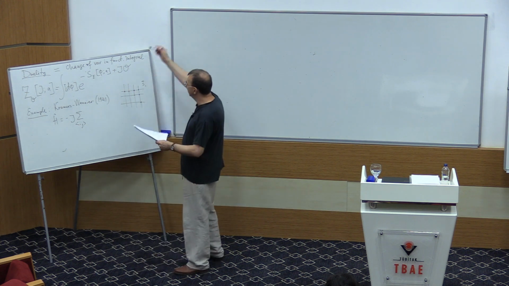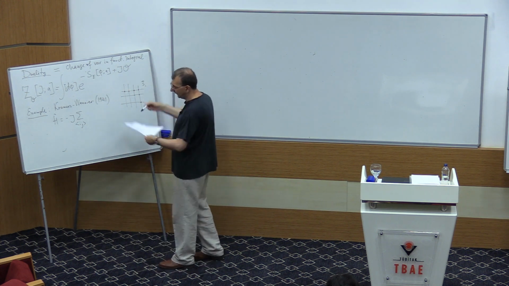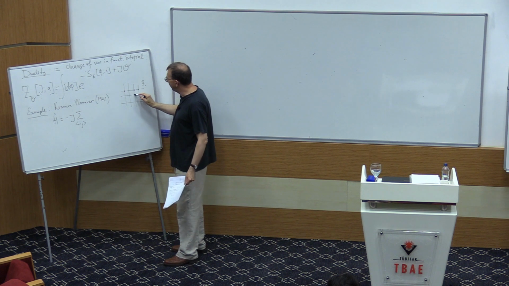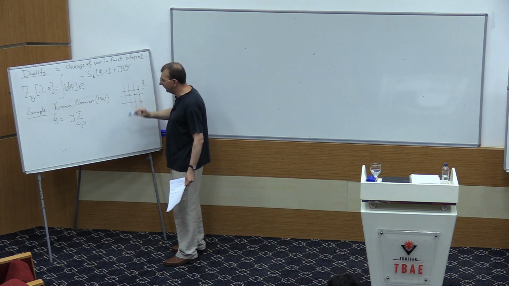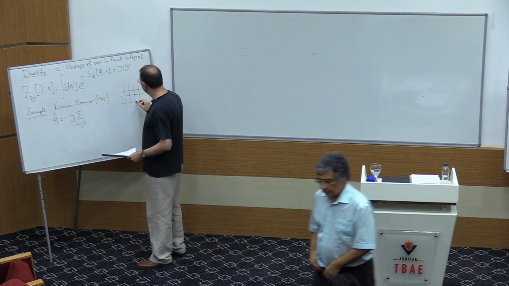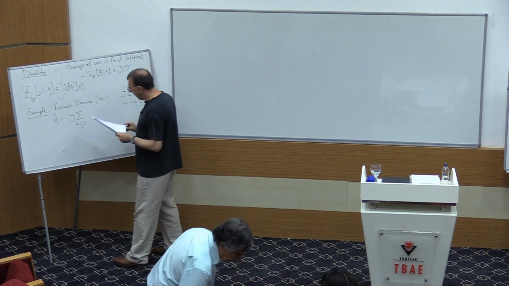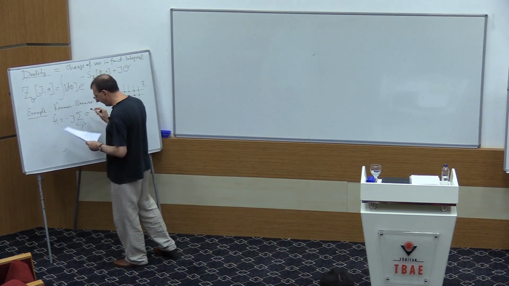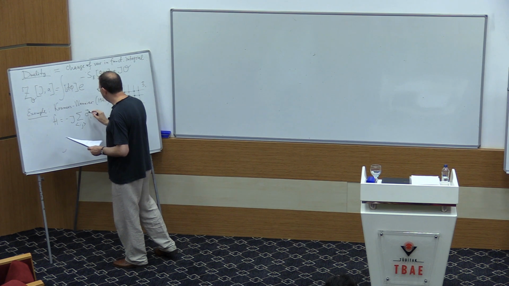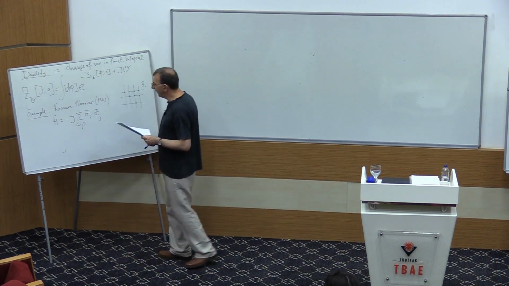If you don't want long-range order in your system, you just consider that each spin interacts with its immediate neighbor. So this is a sum over nearest neighbors i and j of a spin operator, which is a Pauli matrix sigma. So this will be the Hamiltonian.